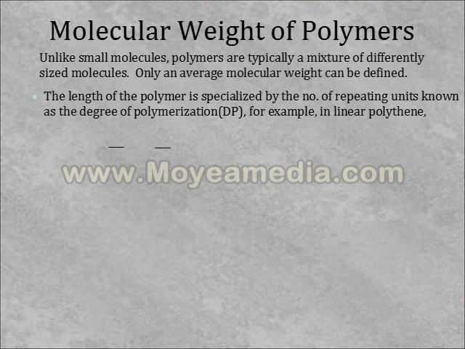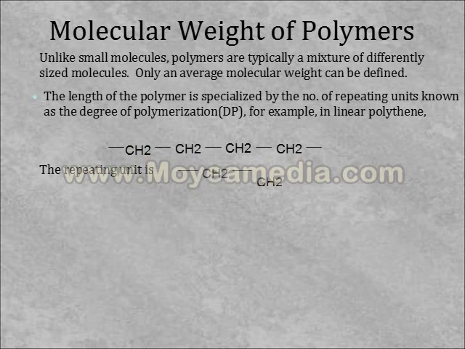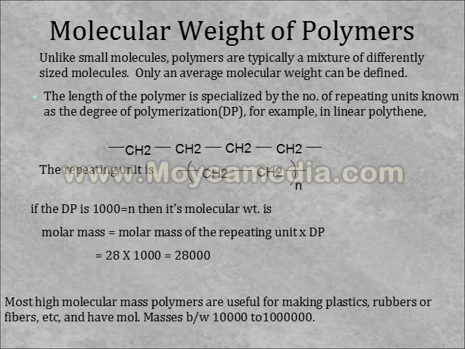Here is a method to calculate the molecular weight of a polymer. It is equal to the molar mass of the repeating unit times the degree of polymerization. Degree of polymerization is the number of repeating units. A repeating unit, for example in linear polythene, is CH2-CH2.